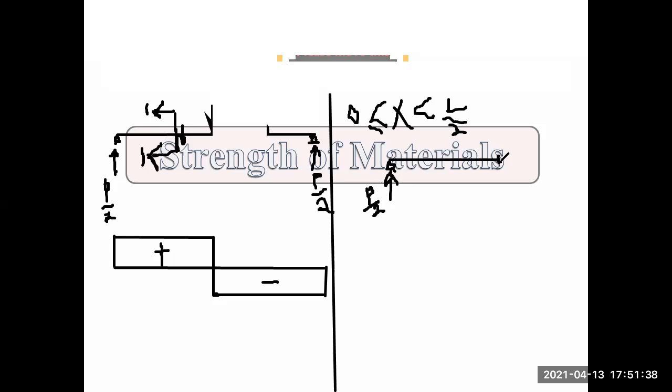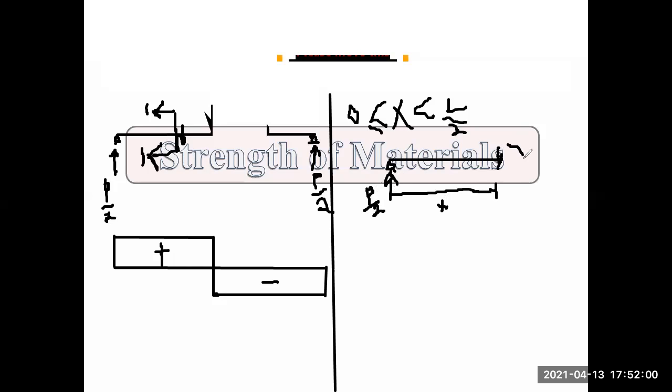This is where I take the moment about. The section is here, so there would be an X, and I need to consider this X. The shear force doesn't play any role, so I don't need to congest my drawing with shear force and anything else, just the moment.